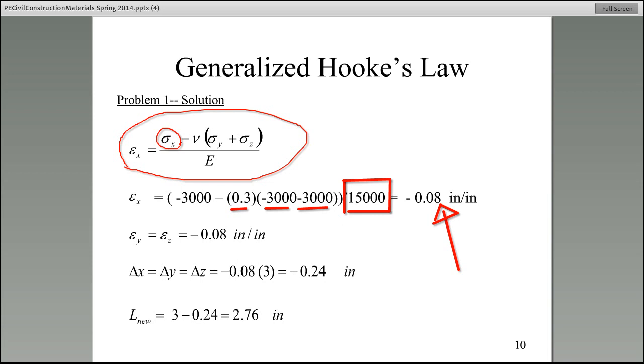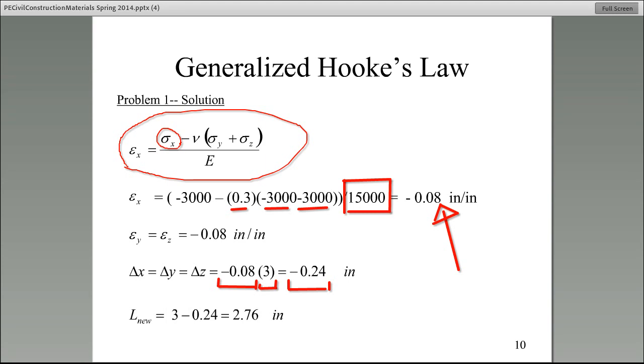So if 0.08 is delta L over L, how do we actually calculate delta L? Well, look at this equation here. 0.08 is delta L over L. Let's multiply by the original length, which is 3, and then we get minus 0.24.